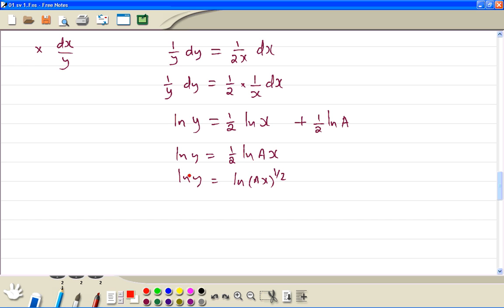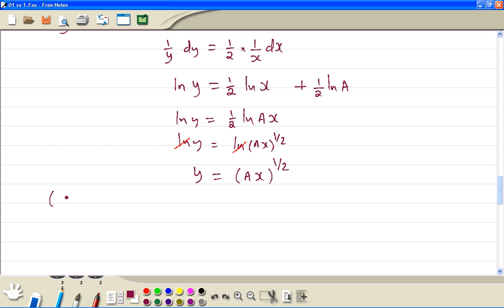Now we can get rid of the ln from both sides. So we have y equal to ax raised to the power half, we'll call it square root. If you square both sides, we get y squared equal to ax.